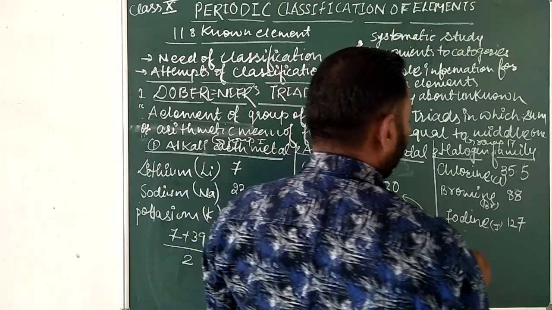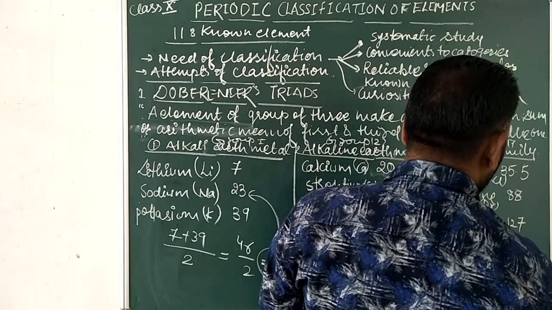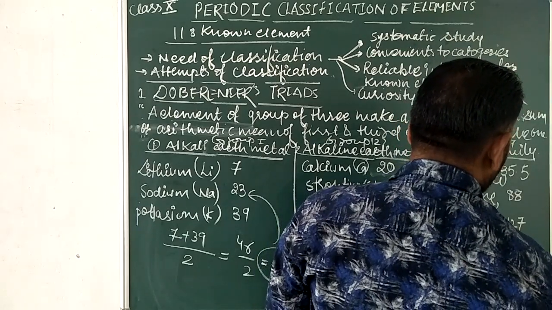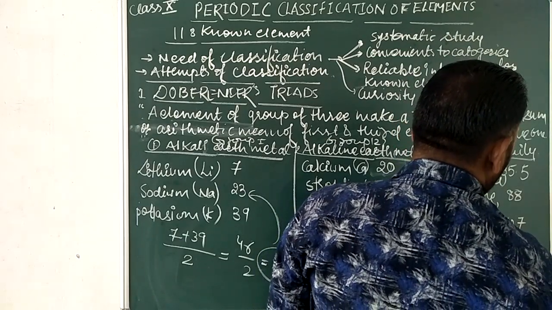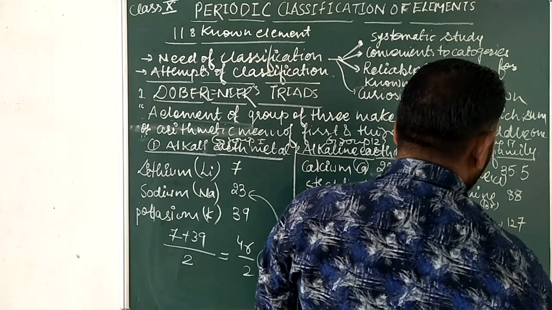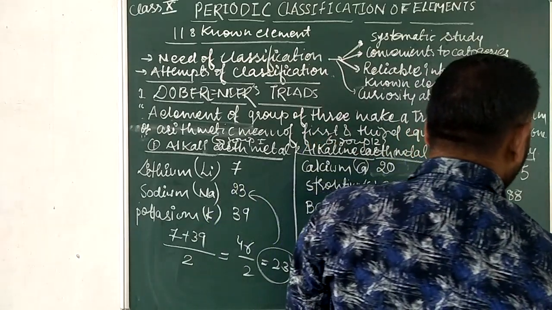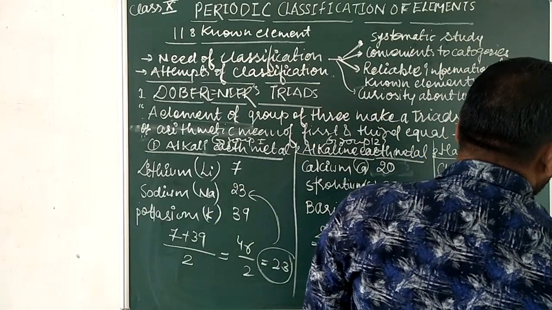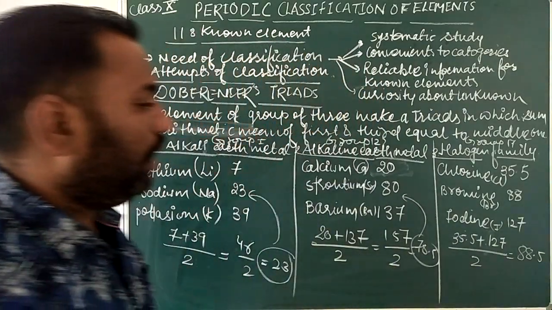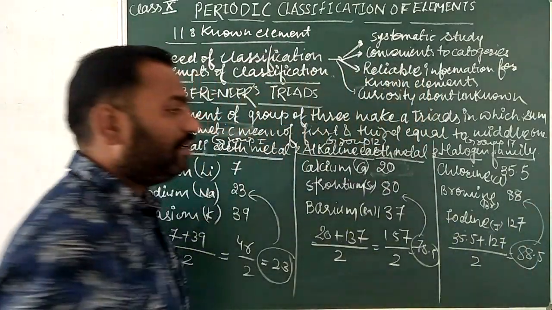Okay, and this is the chlorine, that is 35.5 plus 127, then it will become 88.5. Okay, so I hope that you are understanding. These will be the resemblances like that.